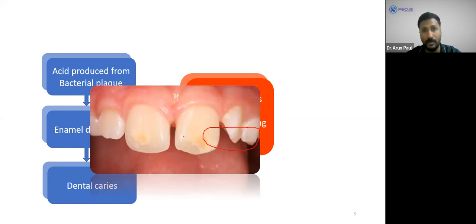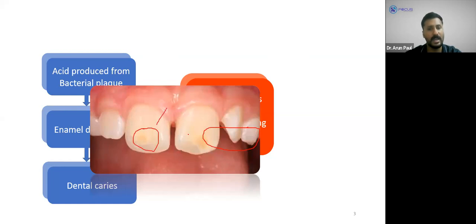This usually takes almost 2 to 3 years. So when we say the first permanent molar erupts by the age of 6, it takes around 8 to 9 years for complete maturation. So there are a lot of hypomineralized areas which will be seen.